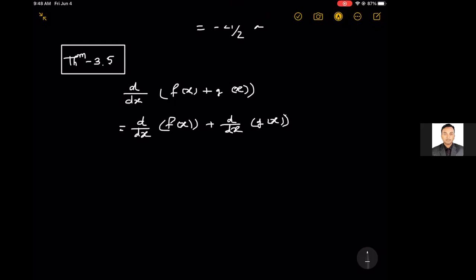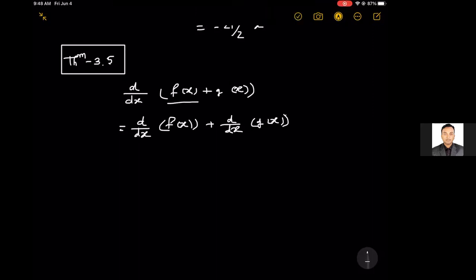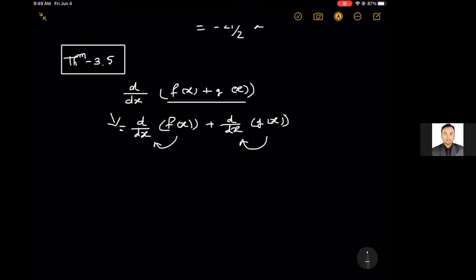If you're trying to find the derivative of the sum of those functions, that means you are adding these two functions, or three functions, or four functions, it doesn't matter how many you have. If you add these functions and try to find the derivative of that, it's actually the same as finding the derivatives of those functions one by one and then adding them, okay?